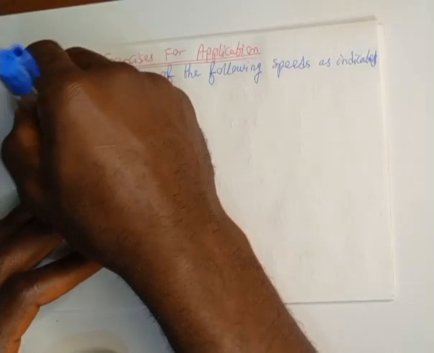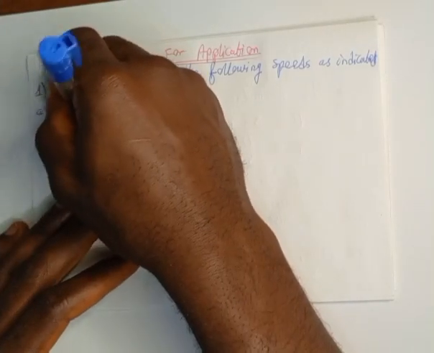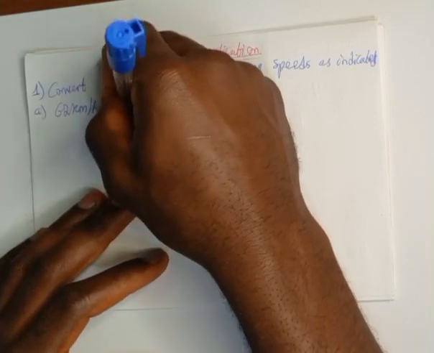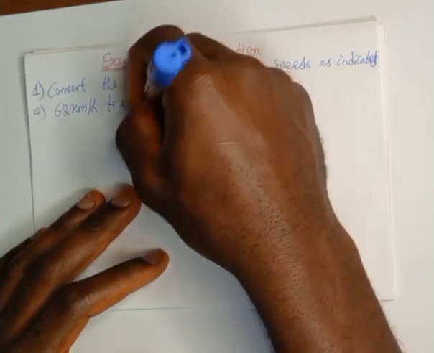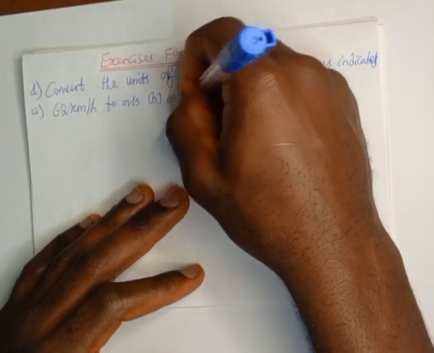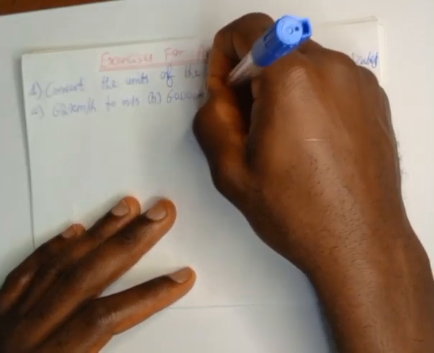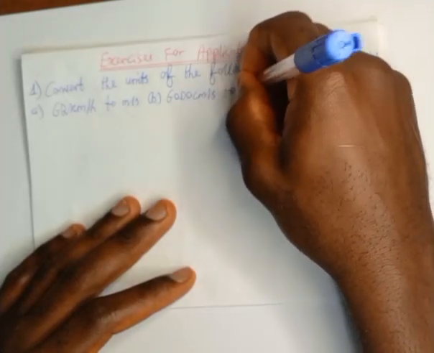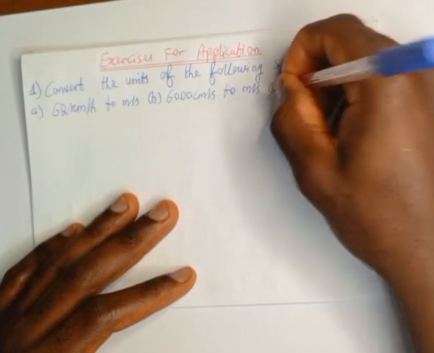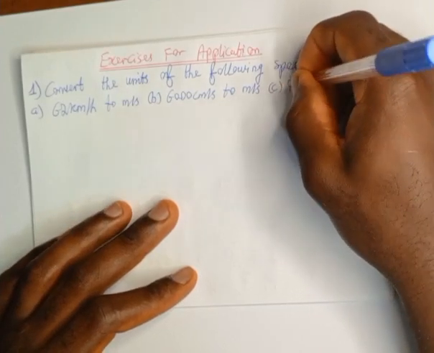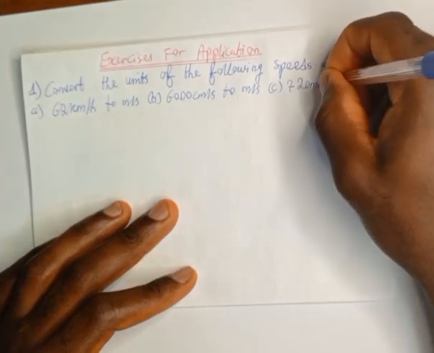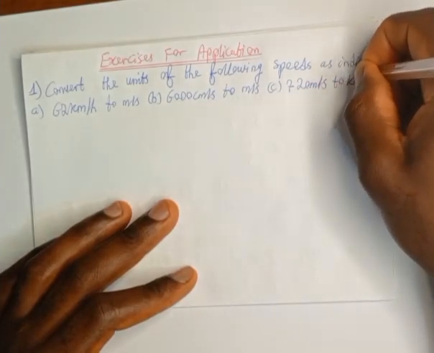A, we have to convert 62 kilometers per hour to meters per second. B, we have to convert 600 centimeters per second to meters per second. C, we have to convert 720 meters per second to kilometers per hour.